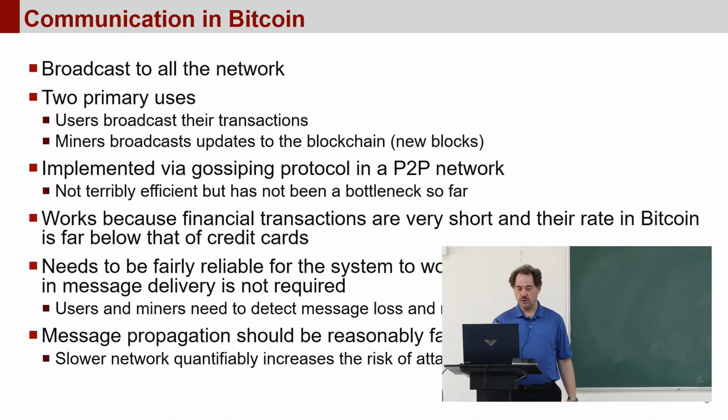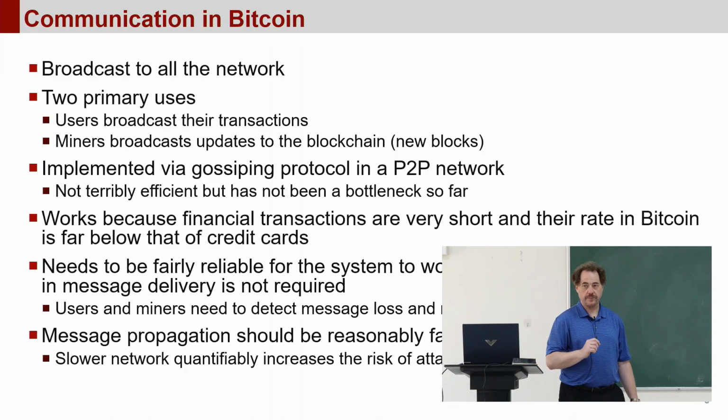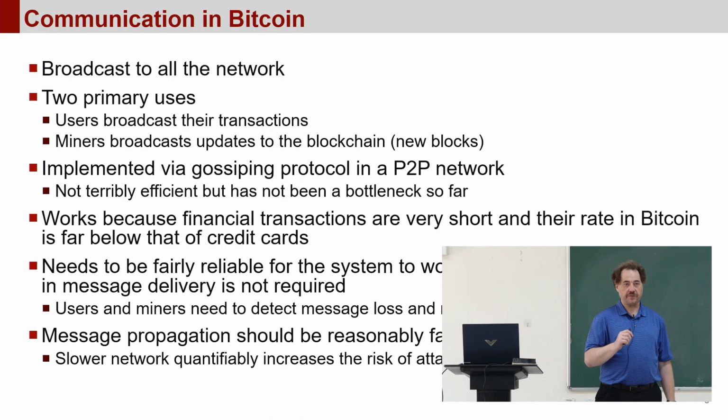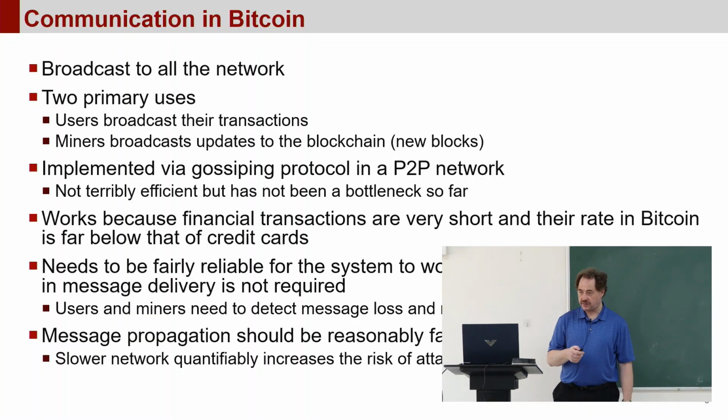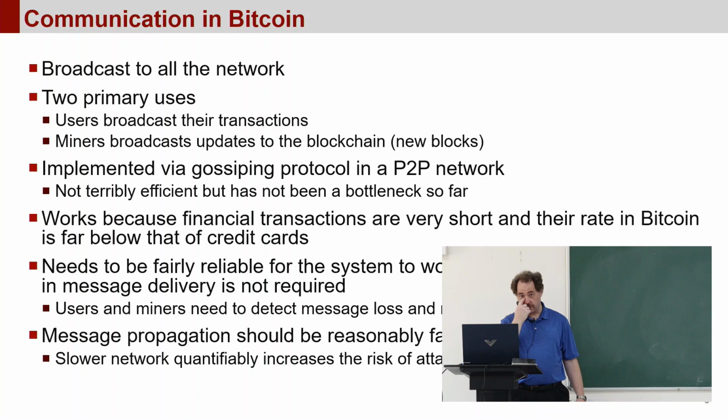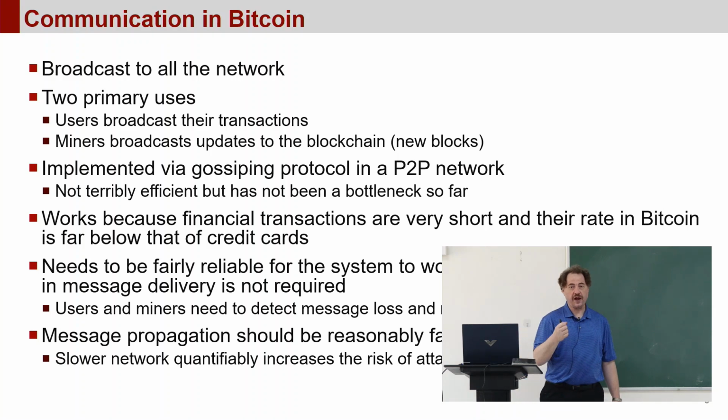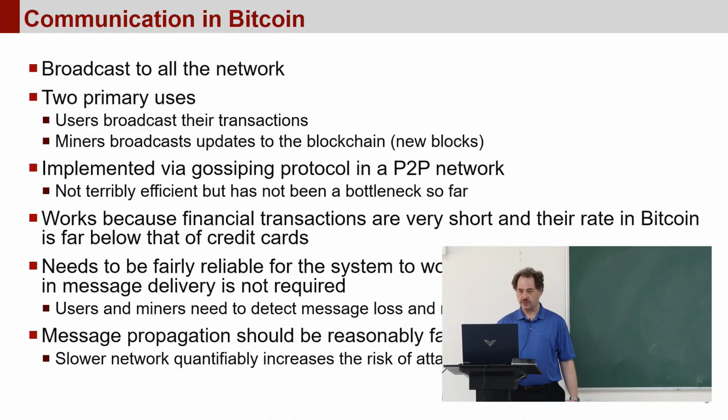But also, a slower network quantifiably increases the risk of attacks. There have been some attacks on the network in Bitcoin. That's why it needs to be reasonably fast. But even an order of half a minute is still okay compared to 10 minutes. So this is just a very brief overview of the communication.